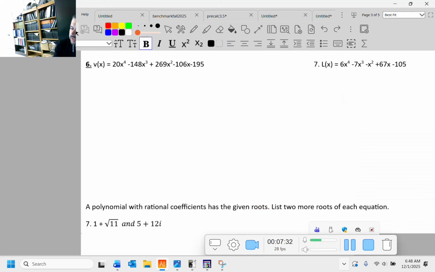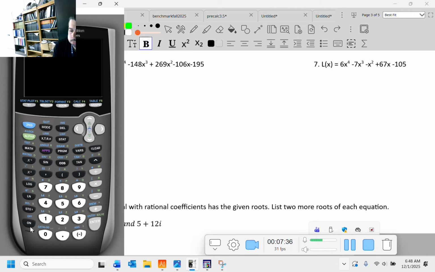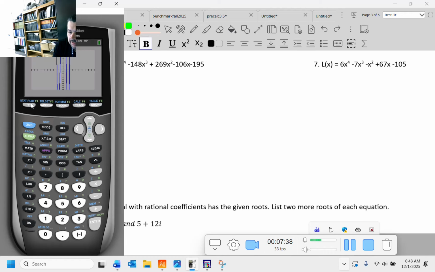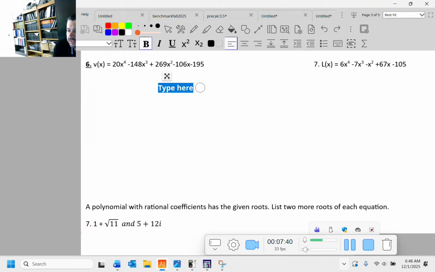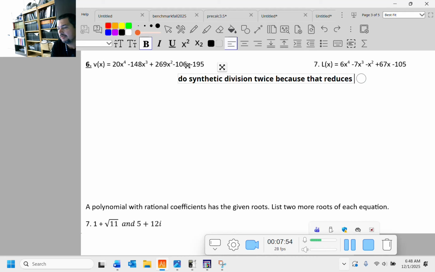Alright, I've got number 6. Number 6 looks scary. Lots of big numbers, right? It ain't scary. By the way, notice it's an x to the 4th. I'm going to do synthetic division twice because that reduces it to x to the 2nd.